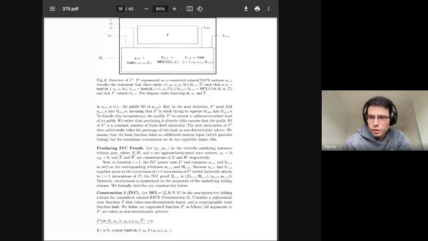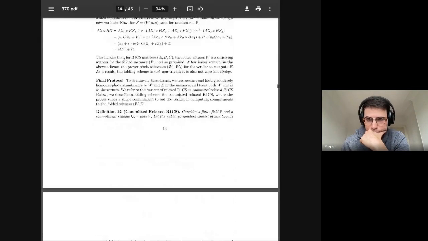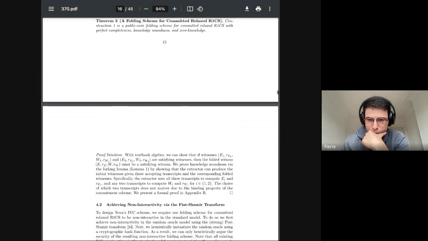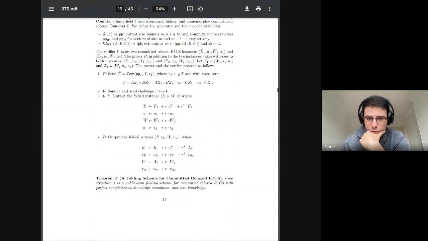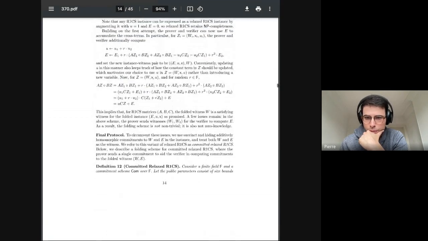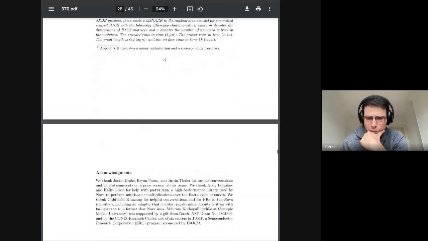I don't remember exactly how they prove soundness. I think it's at the end of the paper.